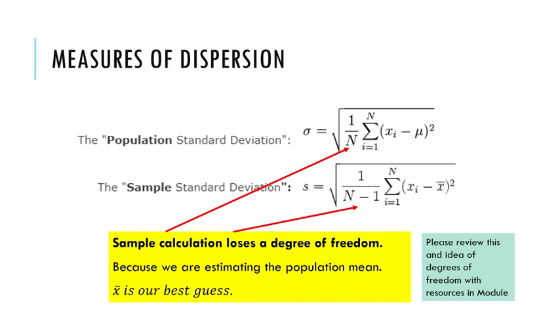But in both cases, we are looking at observation xi, subtracting the mean. So how far does that observation deviate from the mean? And then we're squaring everything. In the top equation, we're dividing by n. The bottom equation, we're dividing by n minus 1, reflecting different degrees of freedom where we lose one for our calculation of sample standard deviation.